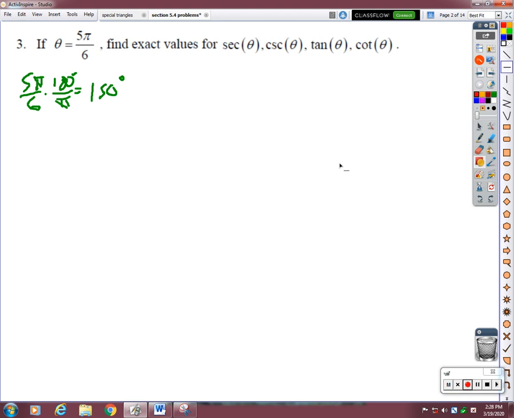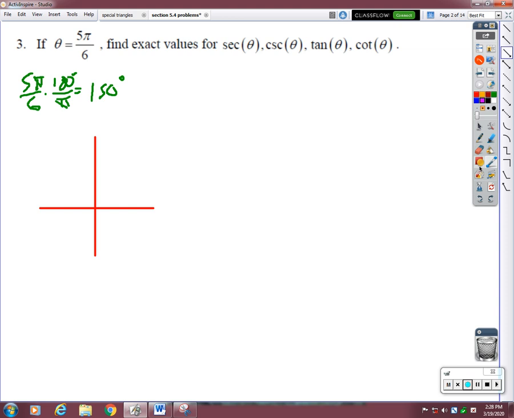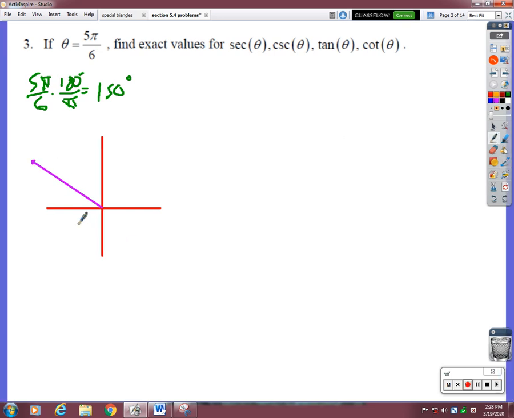So if I made a 150 degree angle, that would look like this: 0, 90 plus 60 more. So this little angle is 30. So that means that this side is 1, this is 2, this is negative square root of 3, which makes the coordinates of this point negative square root of 3, 1.